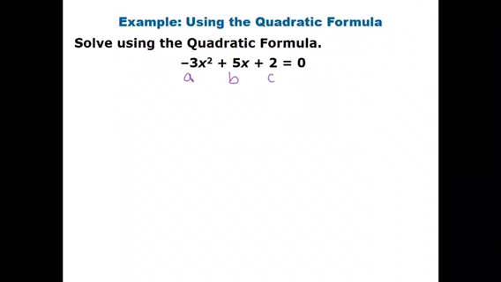Well, remember, the quadratic formula is x equals negative b plus or minus the square root of b squared minus 4ac all over 2 times a. And so now I want to replace the a, b, and c in the formula with their actual coefficient values.